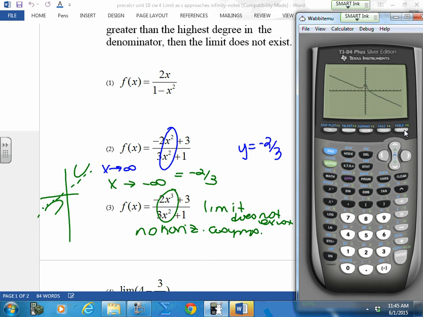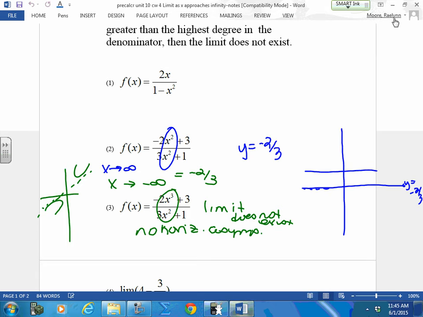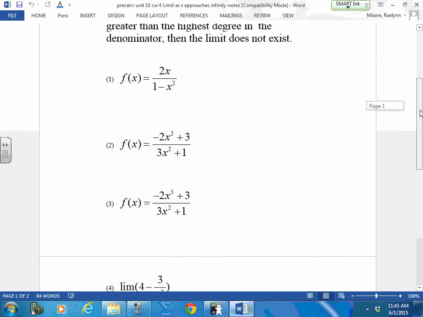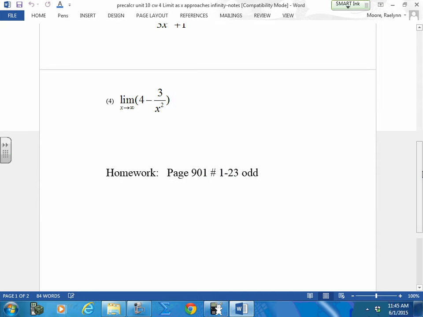It's not going to approach any particular y. One's going out here, one's going out here. They're not approaching a y. But if we did a slant asymptote, you'd see the slant come through. And we did synthetic division. So in your review, that's in there. What usually happens is, once everybody starts doing your review, you start to remember these guys. And then you say, oh yeah, I remember them now.